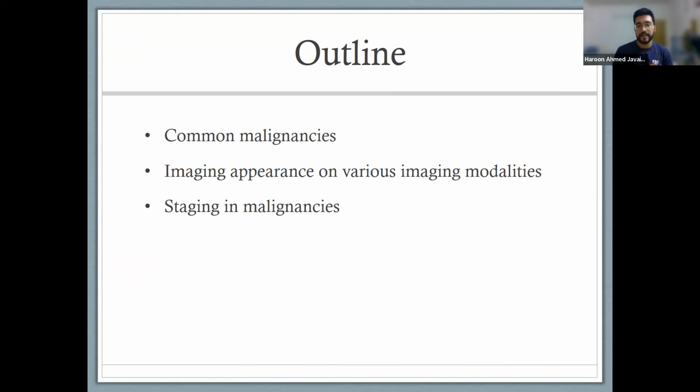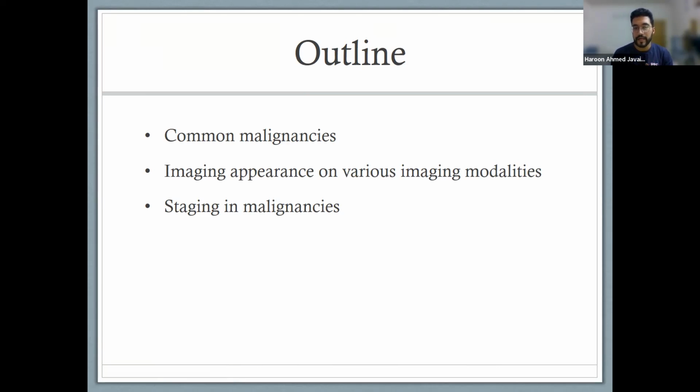Now, let's say once we have something that was screened to be positive, then what we do is make sure that this is a cancer or this is some other benign thing, okay? So that's known as diagnosing the cancer. And in this, basically what we do is either we go for a better imaging to find out more details, or we take a biopsy, right?